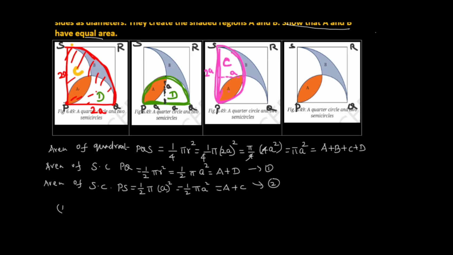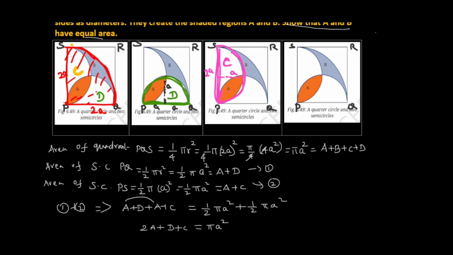Add 1 plus 2: A plus D plus A plus C is equal to 1 by 2 pi a squared plus 1 by 2 pi a squared. So 2A plus D plus C is equal to pi a squared, since half plus half is 1.